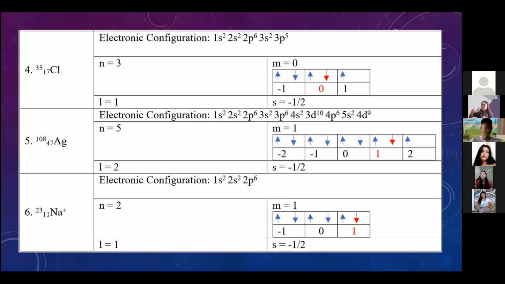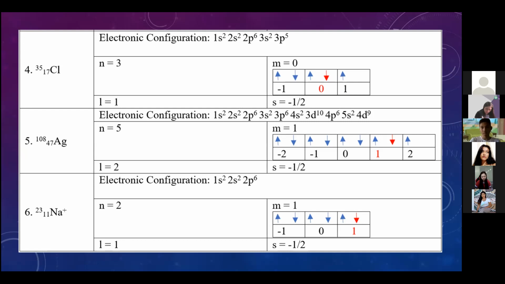It was said that p can accommodate 6 electrons, yet we wrote 5 here. Why? Because if we add all the electrons in the orbitals, it will be equal to 17. If we write 6, it will be equal to 18, so it will not match.